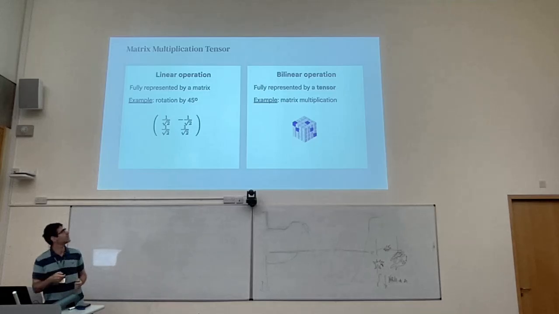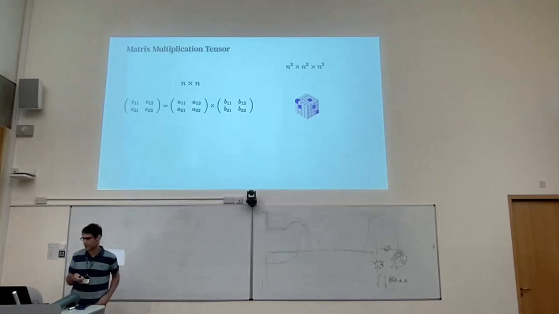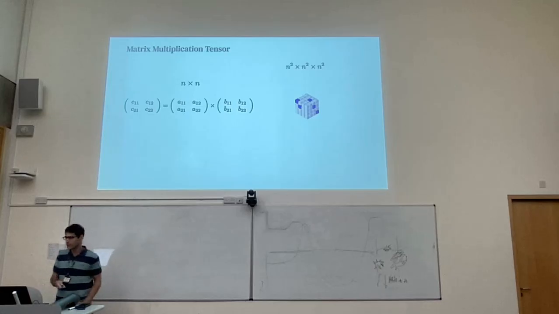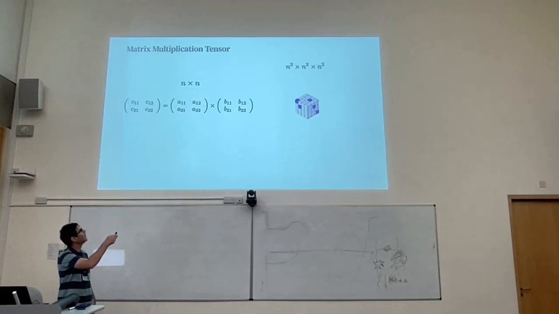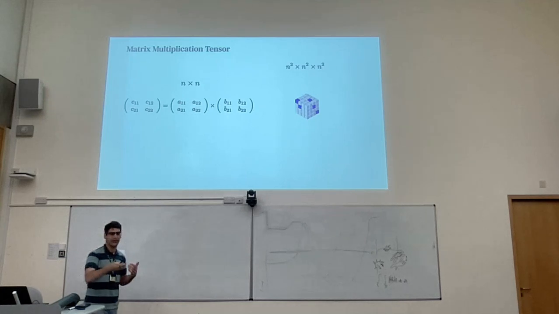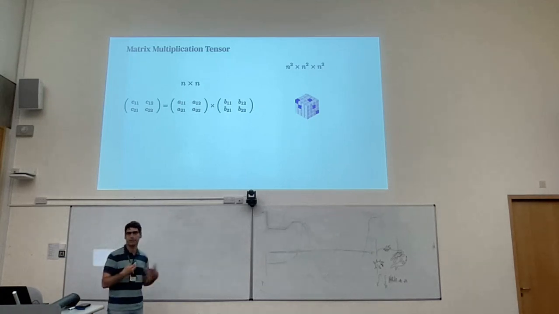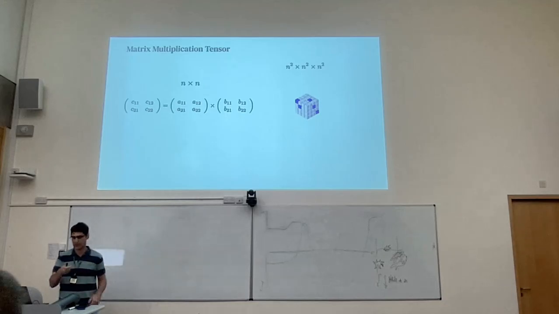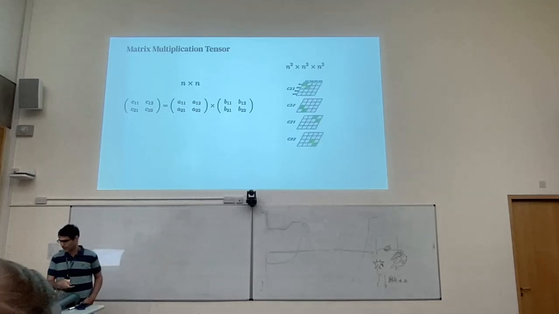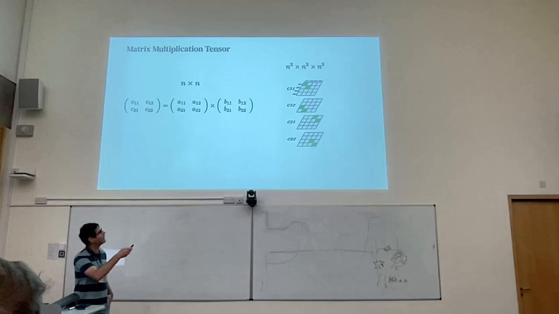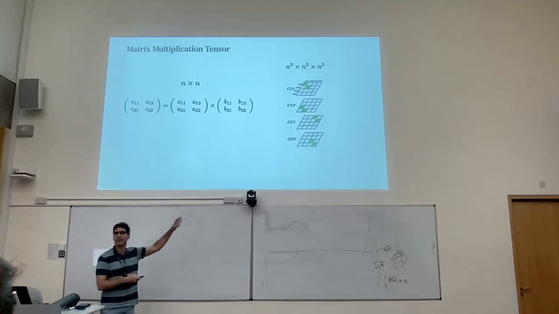To see where this tensor comes from, let's consider again the example of 2 by 2 matrix multiplication. Essentially you form a tensor, in this case 4 by 4 by 4, vectorizing the inputs of the matrices. So you have 4 entries here, 4 entries here, and 4 entries here. That's where you get 4 by 4 by 4, one axis for each matrix: 2 axes for the 2 input matrices, 1 axis for the output matrix. The tensor is mostly 0 everywhere, but it has a few ones.